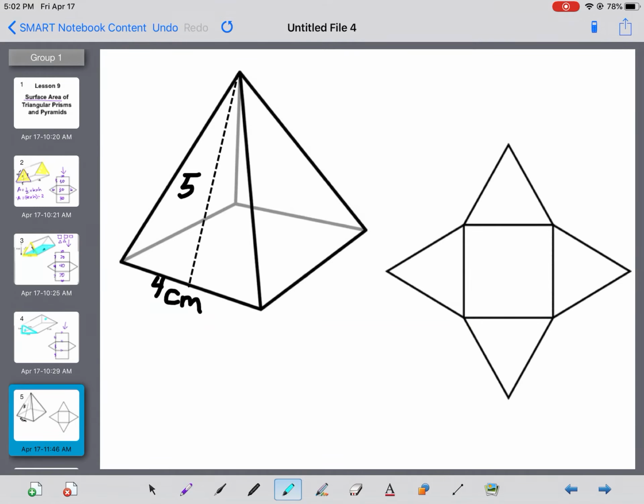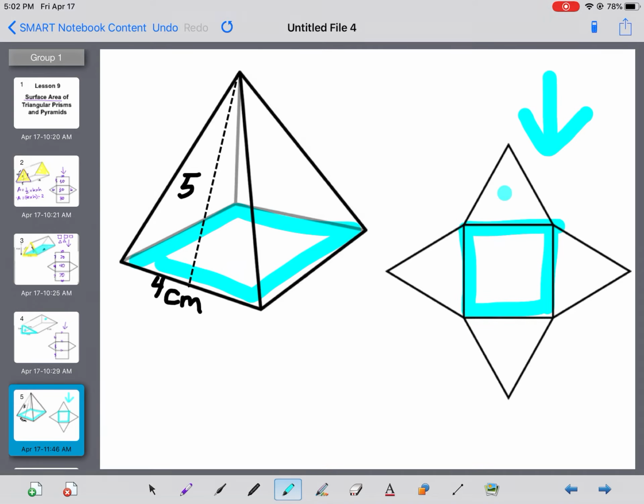And then you may also come across pyramids. So you should remember from our last geometry unit what a pyramid is. It has a geometric shape as the base, and then all the rest of the sides are triangles. So the net looks something like this. So you simply calculate the area of the base, whatever that area is. So if it's a square, you use base times height, and then you calculate the area of the triangles, and then you add them up as well.